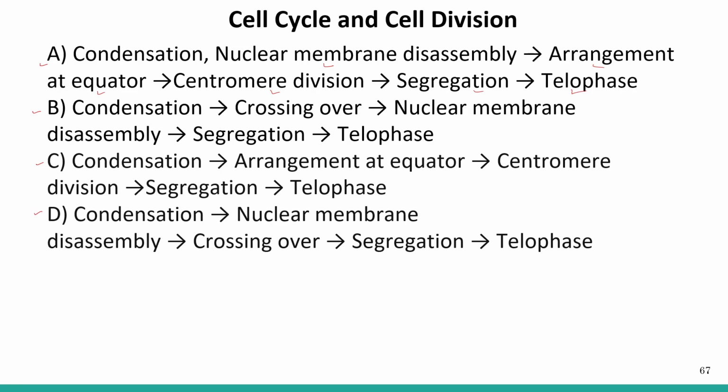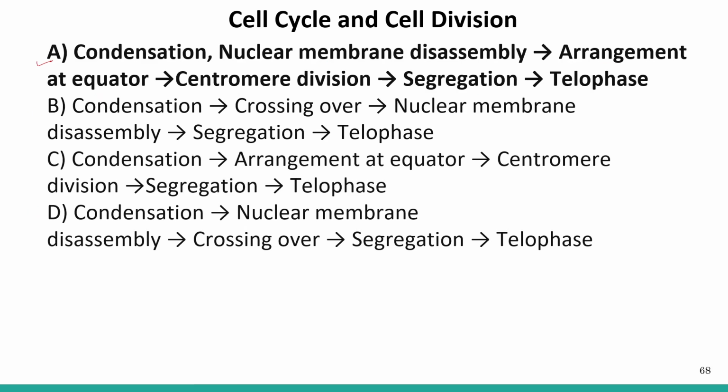Now what happens during mitosis? This is the answer. All right? First, condensation of chromosome takes place, which is happening during the prophase.